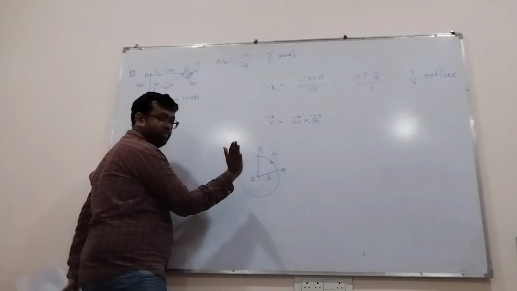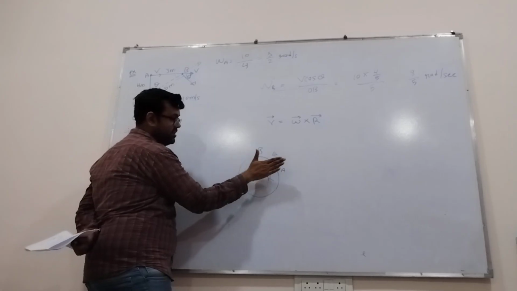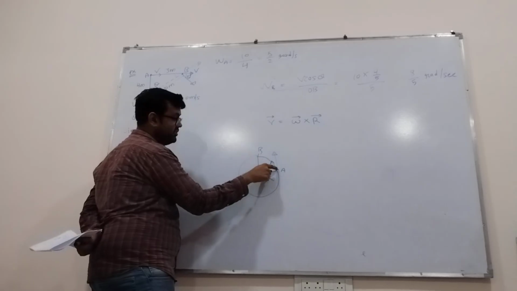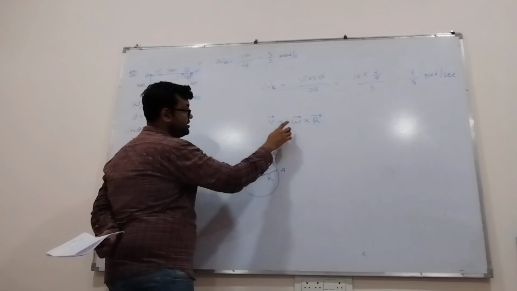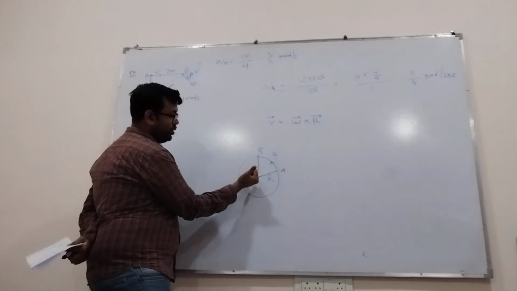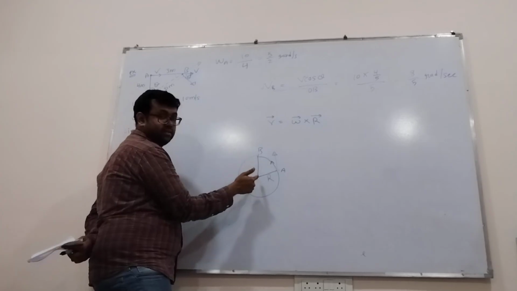So we have to put our palm in the direction of the omega. Then we have to move our palm in the direction of the path, and the direction of the thumb will be in the direction of the velocity. These all three terms are perpendicular to each other. You can see the omega is out of the plane, so omega is perpendicular to the r.